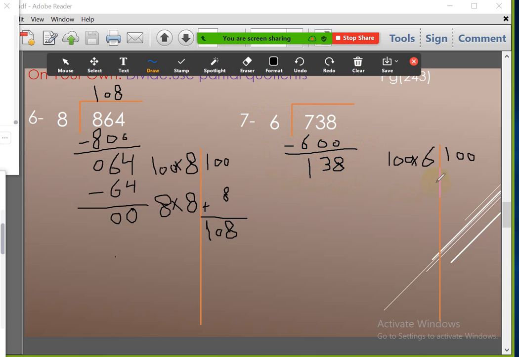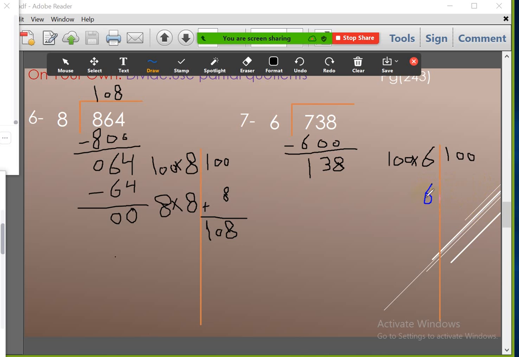So I will take the divisor, which is 6, and multiply it with a number. Choose a number, Dana. I want a number greater than 3. I told you, you can choose 10, 20, 30, or 100.